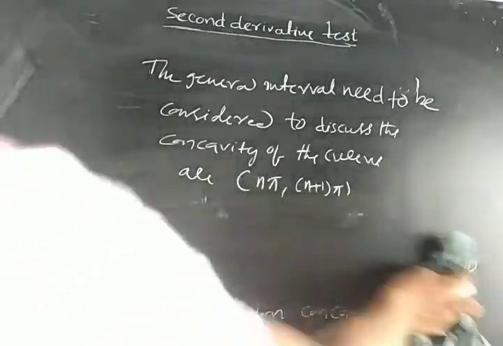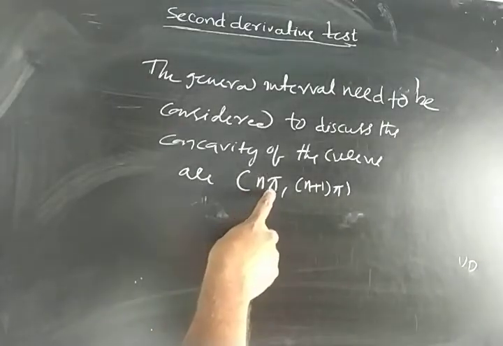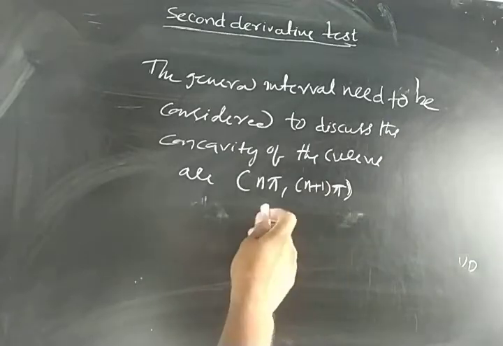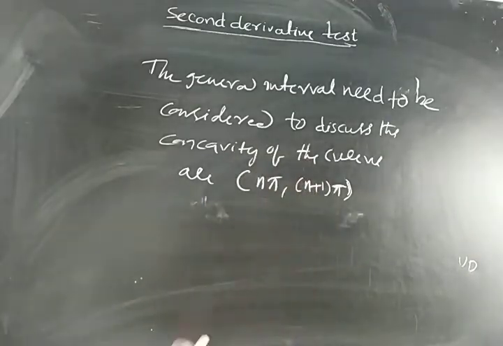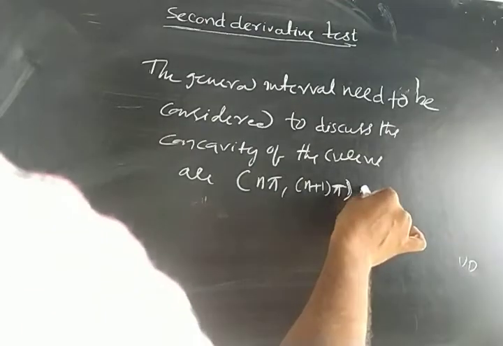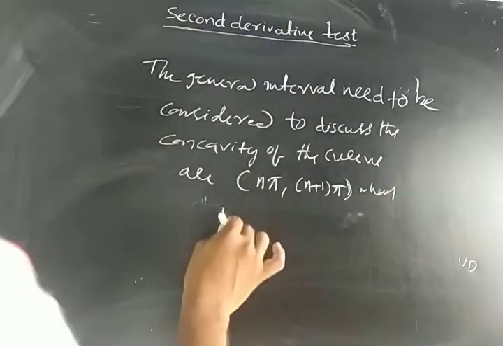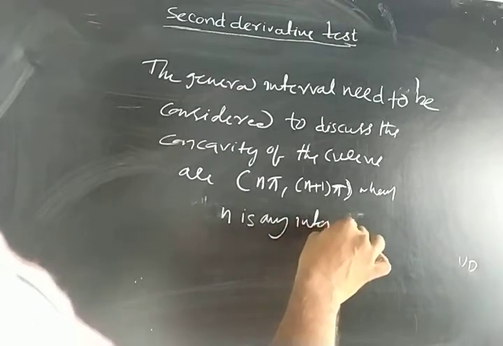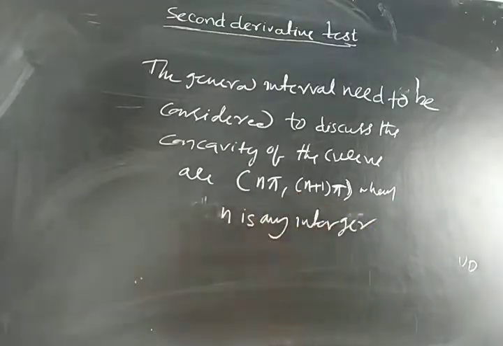See here, if you substitute minus 1, you will get minus pi to plus pi, one interval. In that interval, the concavity changes its behavior, from upward to downward, where n is any integer. So in every interval we have to check the concavity of the function.